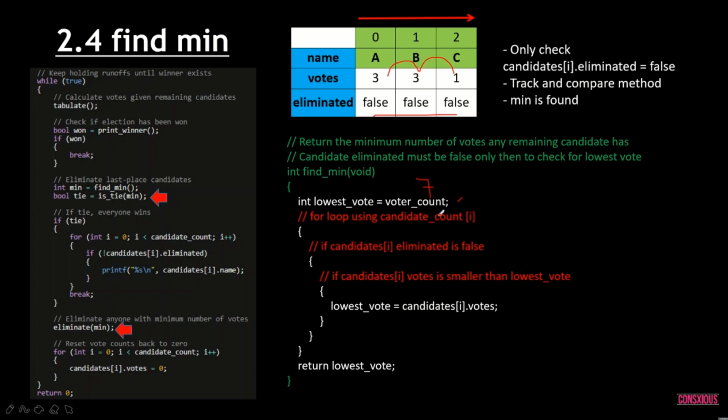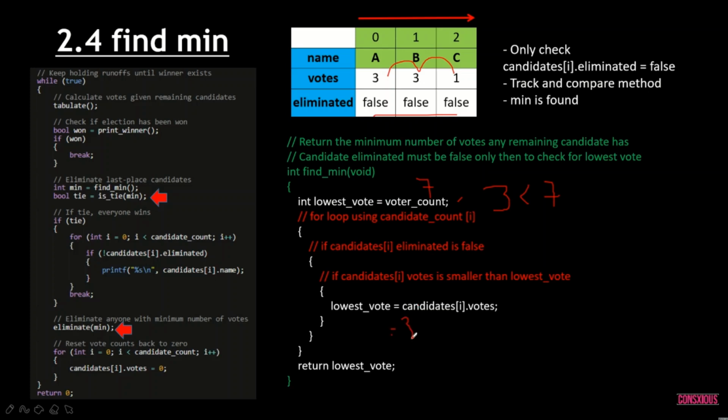If the 7 is smaller than the lowest votes, which is, say, 3 is smaller than 7, then the lowest vote will equal 3.